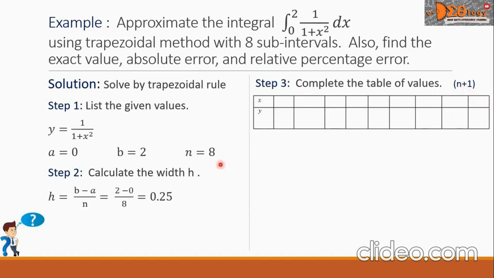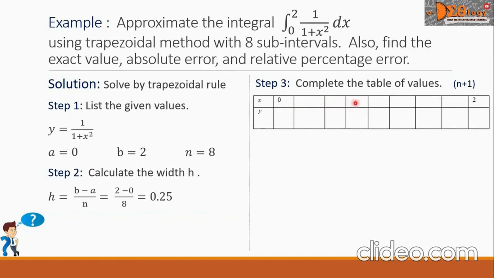Our n is 8, so 8 plus 1, we should write here 9 columns. Let us complete the x row. The first blank here is reserved for the value of a, which is 0. The last blank of x is reserved for the b, which is 2.